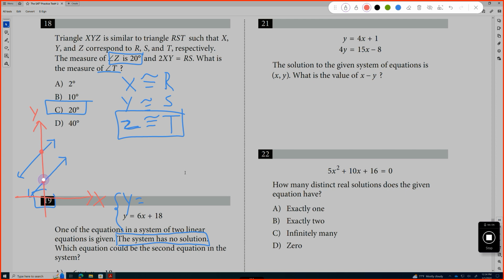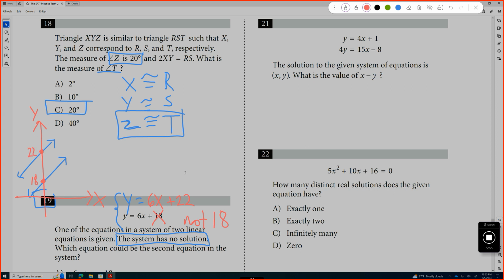One is more than the other, so I need to have the same slope, so 6 has to be the same, and then I think it's 22 in the choices, but any number that is not 18 works. Then we have the same slope, 6, and a different intercept. This would be 18 on the y-axis, and this would be, I think, 22.